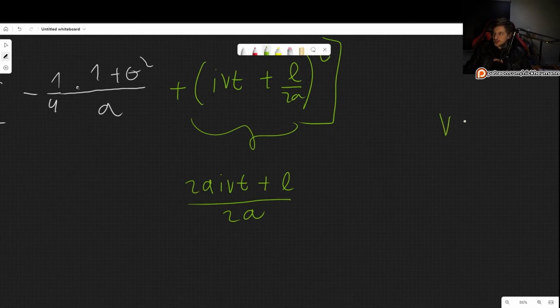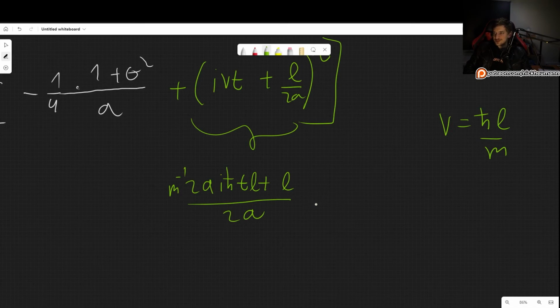We had defined v as h bar L over m. So let's just write it in here, maybe like this. So this is h bar L over m, so h bar L and m to the minus 1.